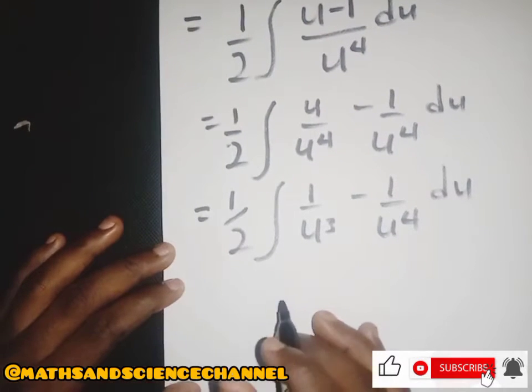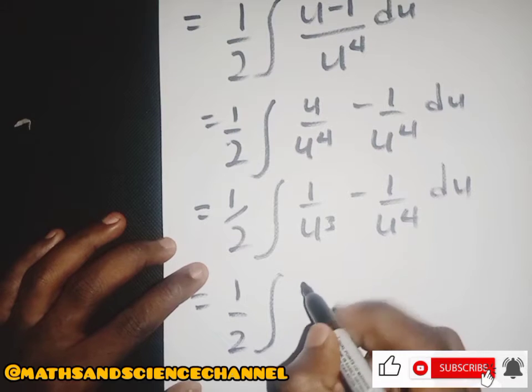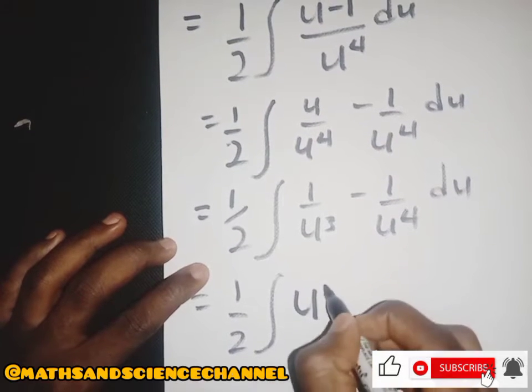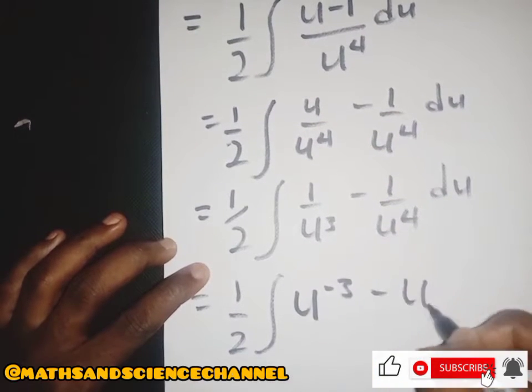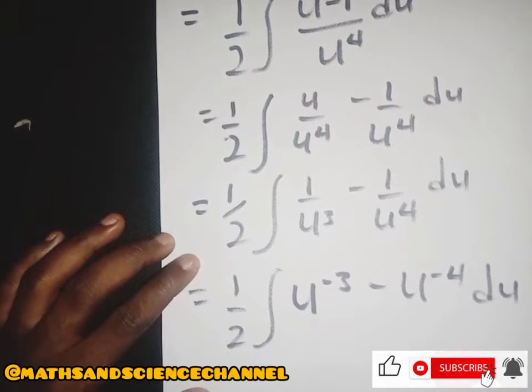So with this we can write this as u to the power minus 3 minus u to the power minus 4 du.